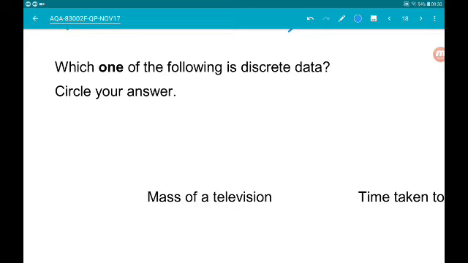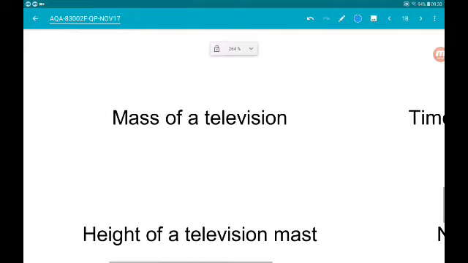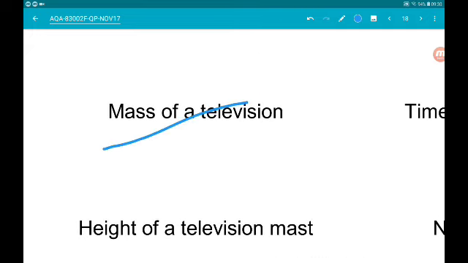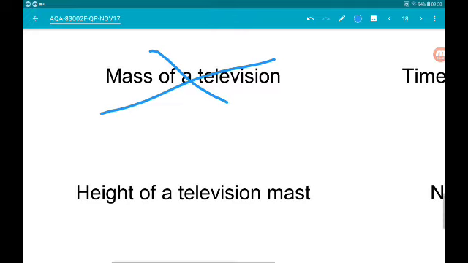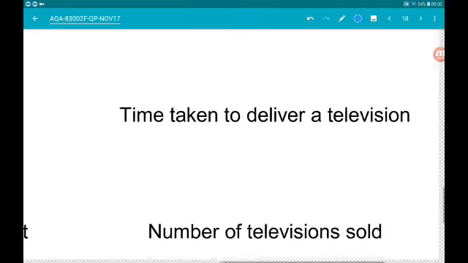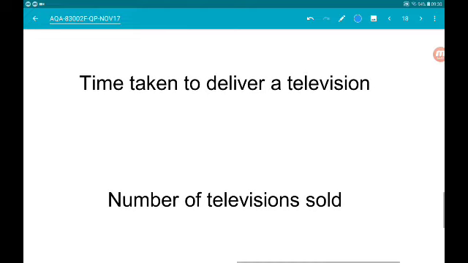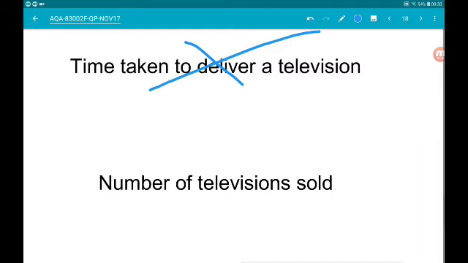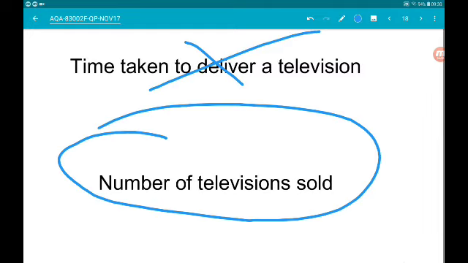And continuous is things that you can't count, things like length, height, anything like that. So, which one of these can we count? Mass of a television? No, that's a weight. Height? No, that's a height. Time taken to deliver a television? No. Number of televisions sold? Bingo. Cool.